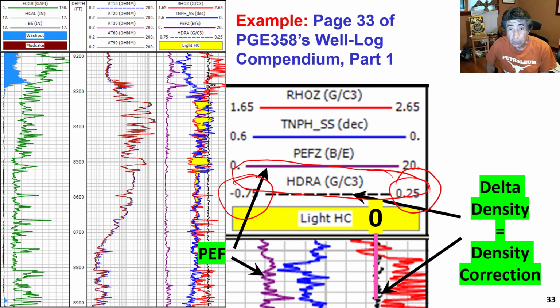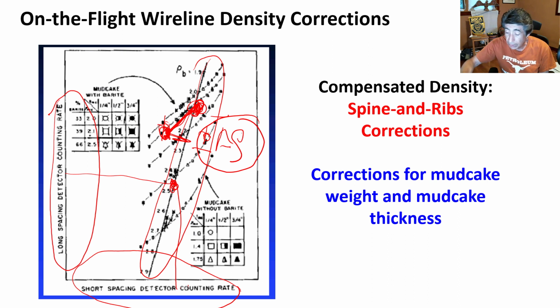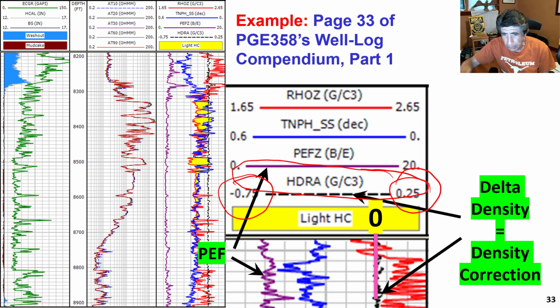If I go back to this table, you're going to see that sometimes the correction might start from here back to the guide. That means that the correction is negative. If it goes up, then the correction is positive. So it really depends on what type of situation you have that causes the correction to be positive or negative.